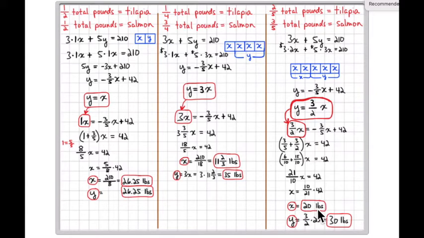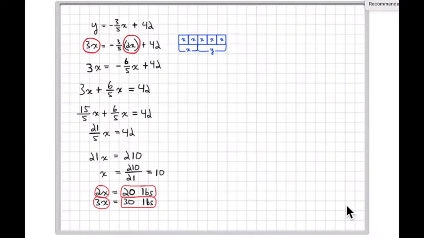So x is equal to 20 pounds, and y is 3 halves of 20. So 20 divided by 2 is 10. 3 times 10 gives you this 30. So you figure out the cost of those, and you're going to end up with $210.